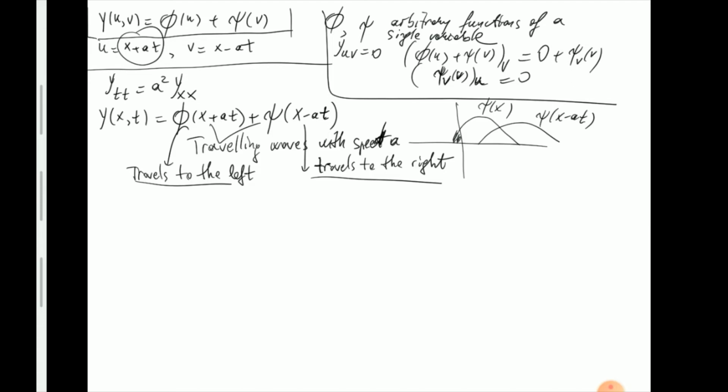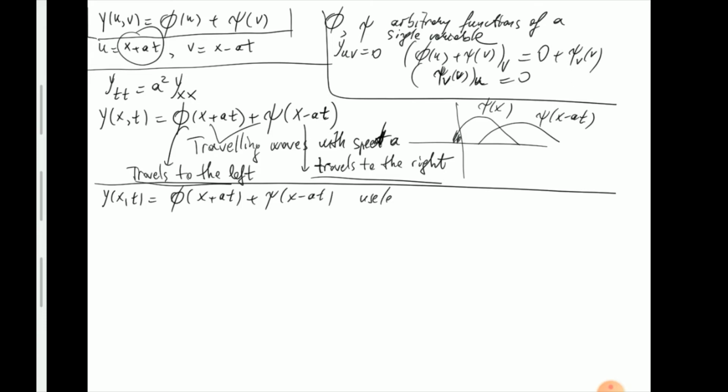These two functions are called traveling waves. Now notice again, let me write it again here, this general solution is pretty useless unless we find actually what these functions are from initial conditions and/or boundary conditions.